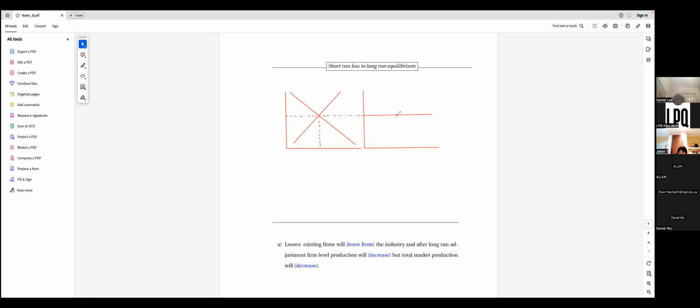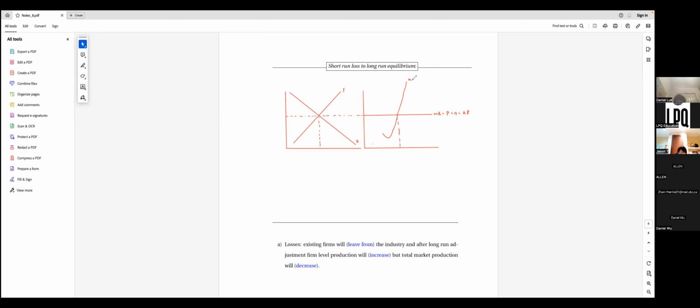Oh, we need MC. Okay, so you produce it here. We add all the labels: MR, the price and the demand curve, and AR.